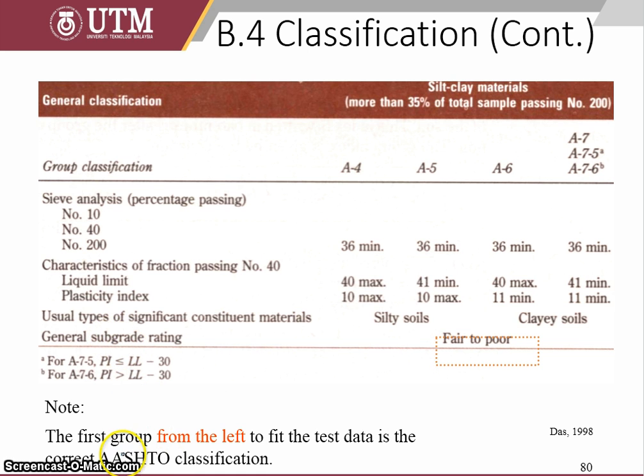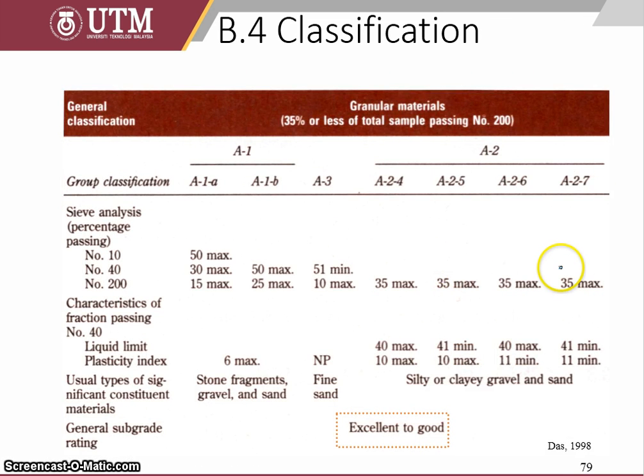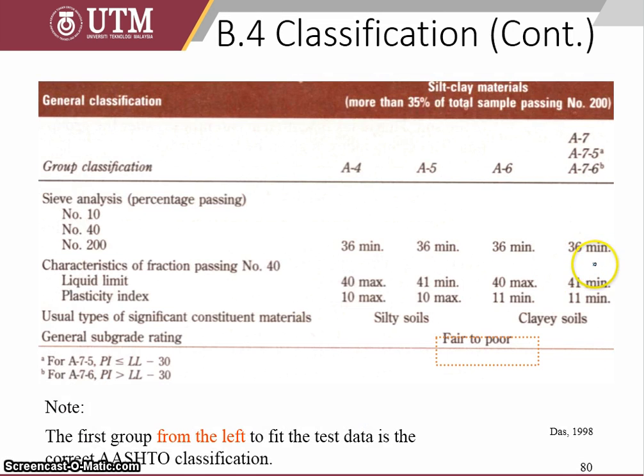Okay, how do we use this table or how do we classify the H2 soil? Any results that we have from the sieve and also from the Atterberg limit test, we need to fit them into the table from the left to the right, meaning from A1 continuing until A7.